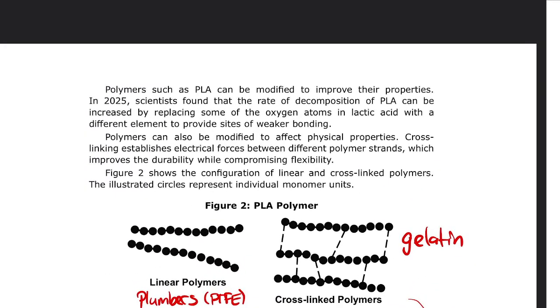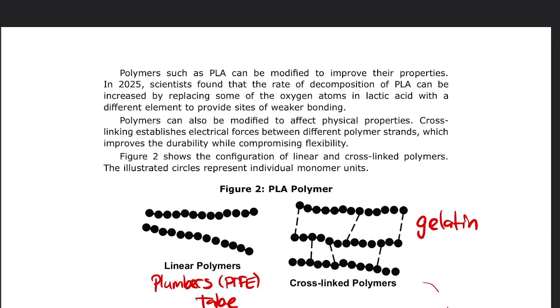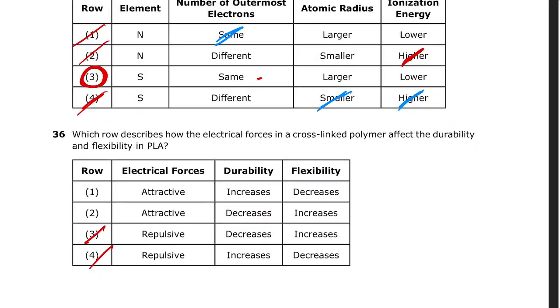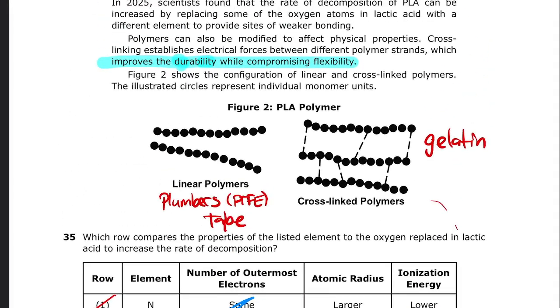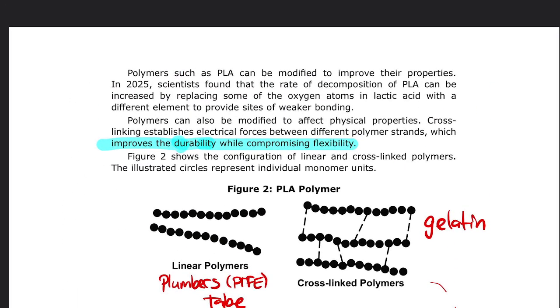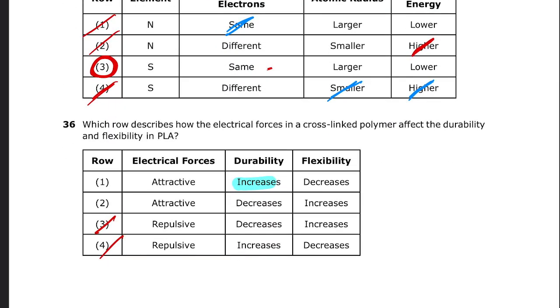I know we read it. Where is it? Right here. It says that cross-linking establishes electrical attractions, which improve the durability. So that means durability would increase, but the flexibility decreases, and it also says that because it compromises flexibility. This has got to be choice one.